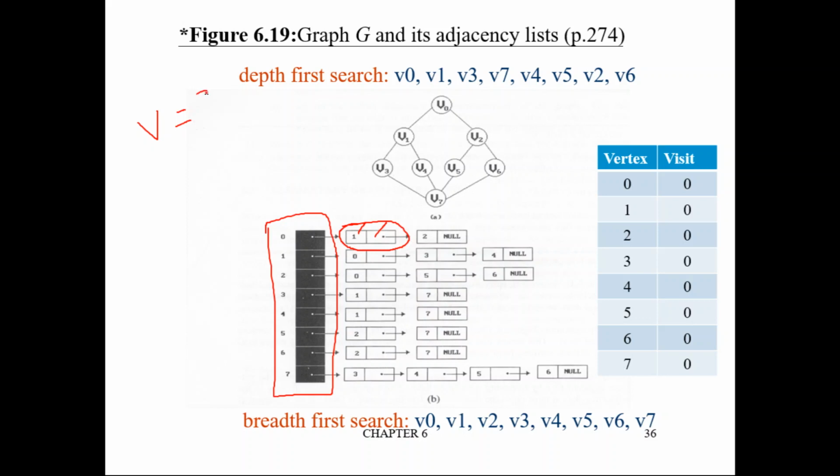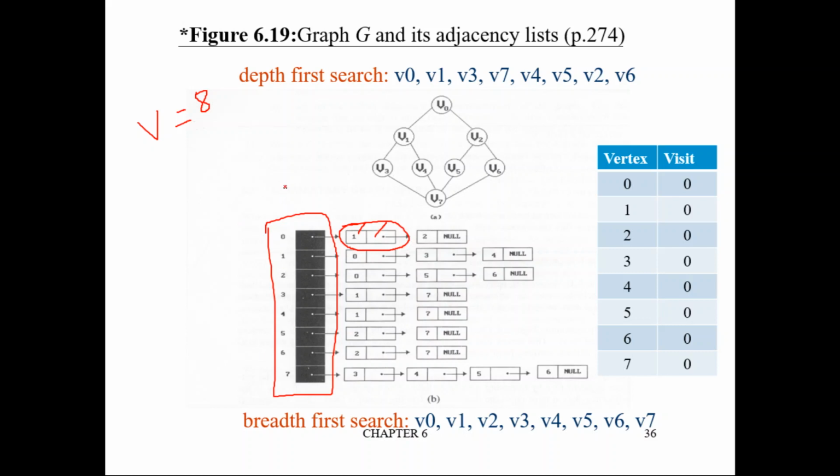The number of vertices will be stored in V. Here the number of vertices is 8. Once you say it is 8, we will set visit of 0 to 7 as 0, and the array of pointers for the adjacency list will also be limited to 8, 0 to 7.